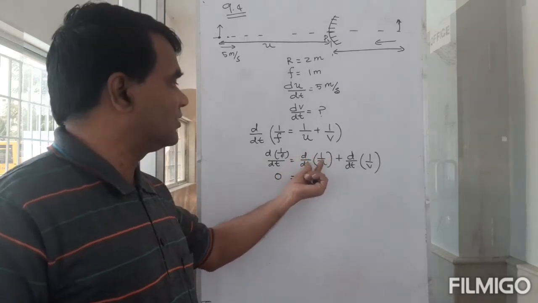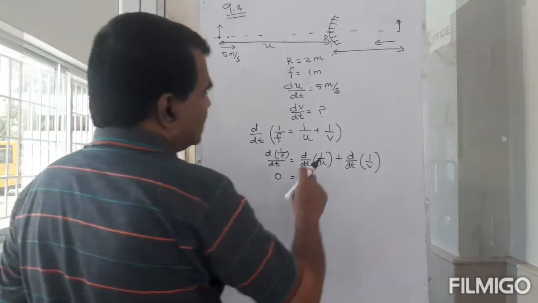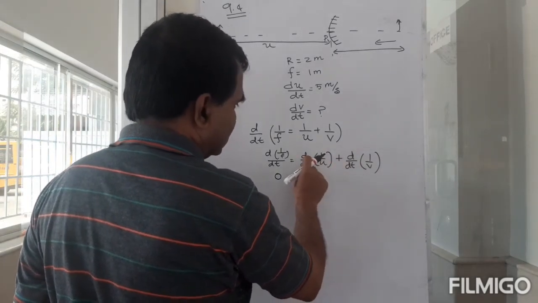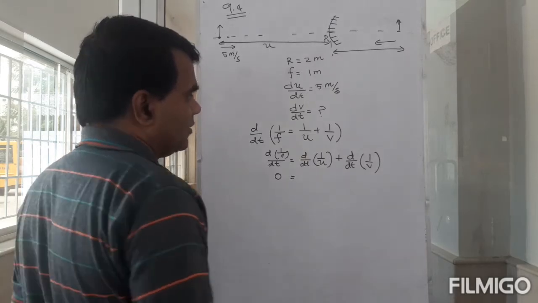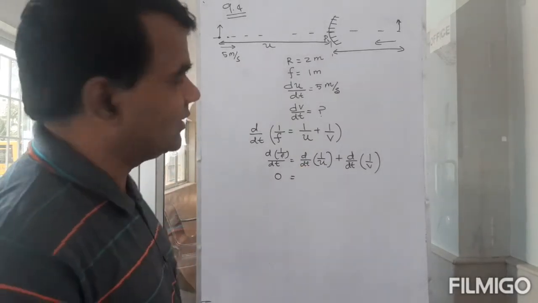And I've got 1 by u and d by dt. So I'm going to differentiate this function with respect to time. But what is this function? This is a function of u, right?